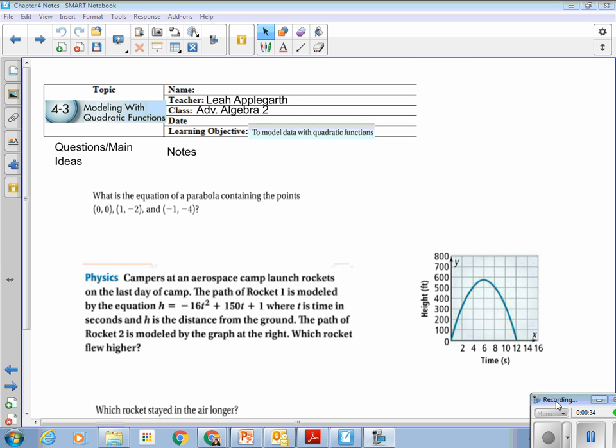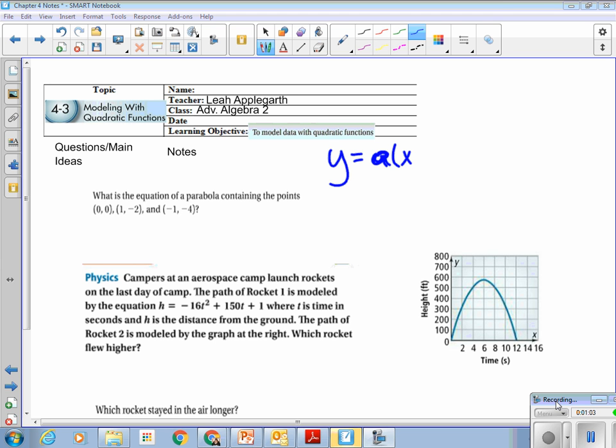So the first thing I want to do is look at how you put together a parabola equation when you just have points on your parabola. So what I want to do is write the generic, I'll write it in vertex form.